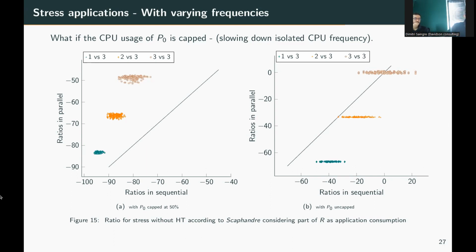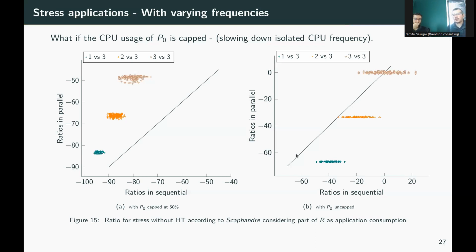That's what we did in the sequential baseline: we used the complete server consumption of the isolated execution, and we did the ratio between the two. And in parallel, we just take what Scaphandre said about the ratio. So we can see that it does not follow the ideal line, which is the black line here, y equal to x.